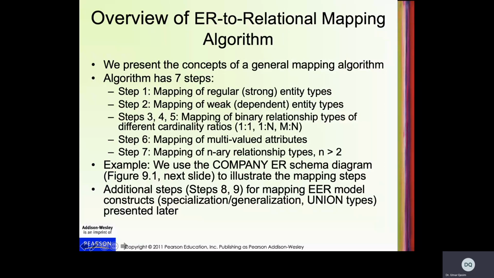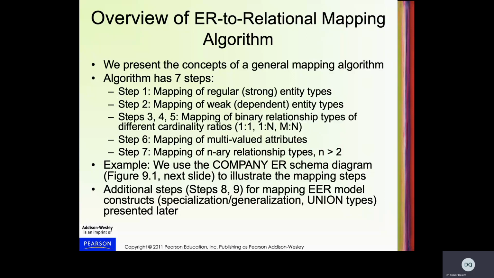So in this mapping exercise, we will look at how we are using these steps. So 7 steps. The first step is basically mapping entity types, only those which are strong entities, and we convert them into tables or relations.